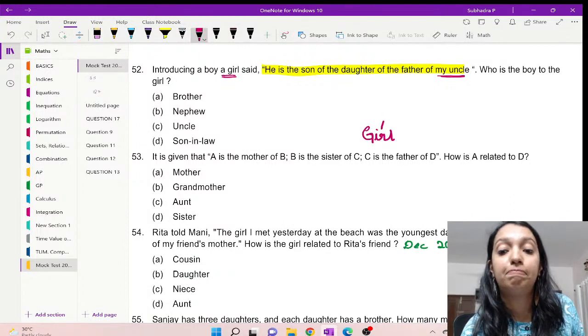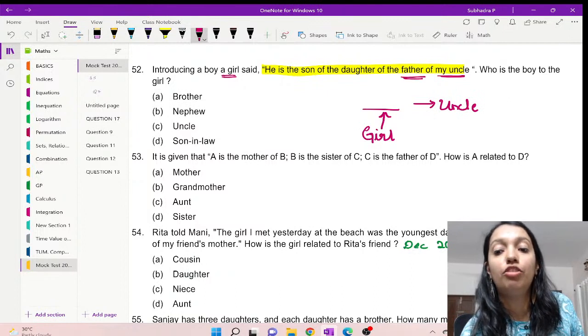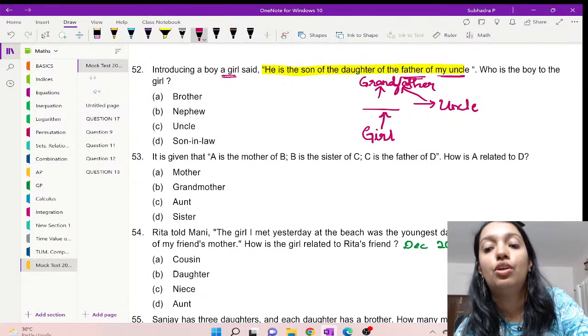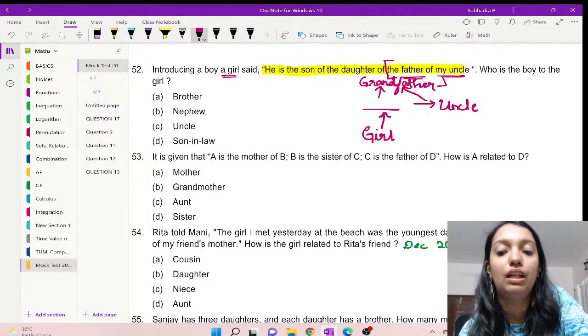My uncle. This is parent. This is parent's brother, uncle. Father of my uncle. Uncle's father, my parents' father. So that means this is grandfather. Remember, always crack your answer from the last part. So until here we are done, and we know that it is grandfather.